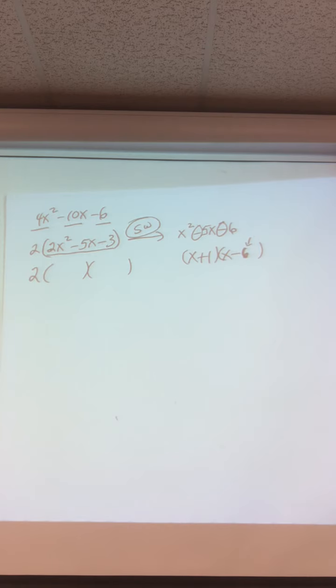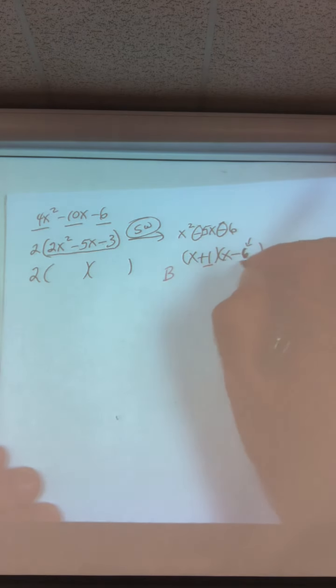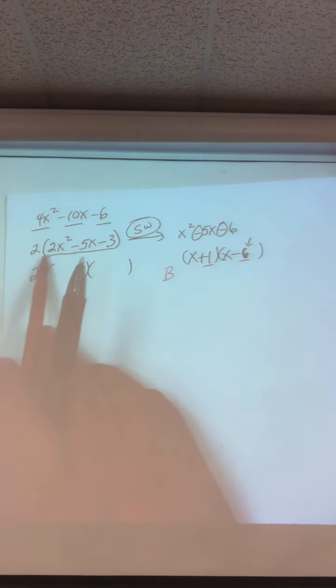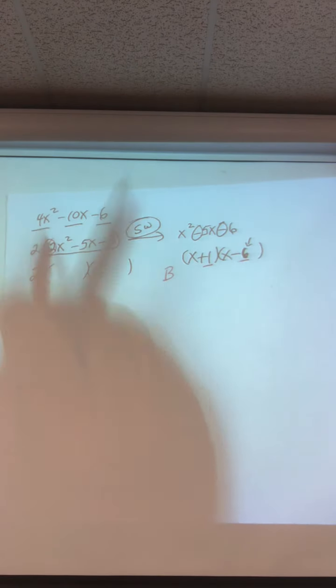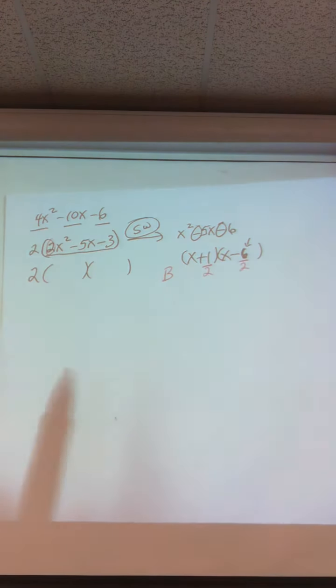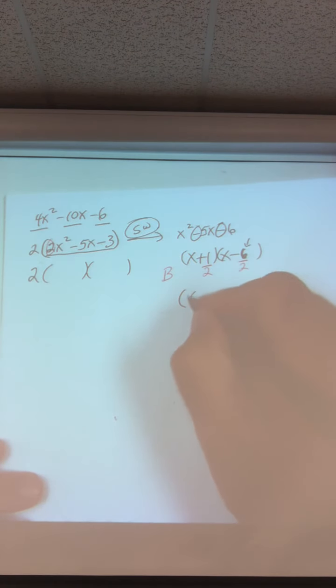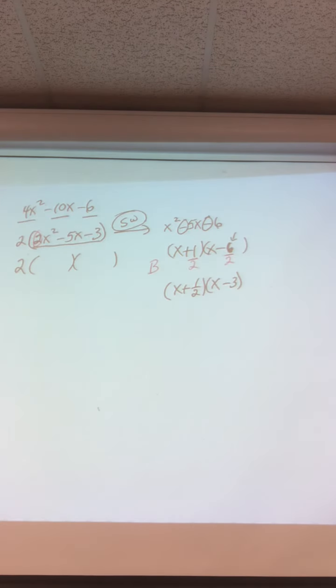So that's why it's important that you understand the rules about the signs. Now, I'm not finished. Matter of fact, I haven't even started the bree method. B: under the bottom of this 1 and this 6, put what you started out multiplying by, which was this 2, not 4, the 2. Now, R stands for reduce. So this would be x plus 1/2, and then x minus 6 over 2 is 3.